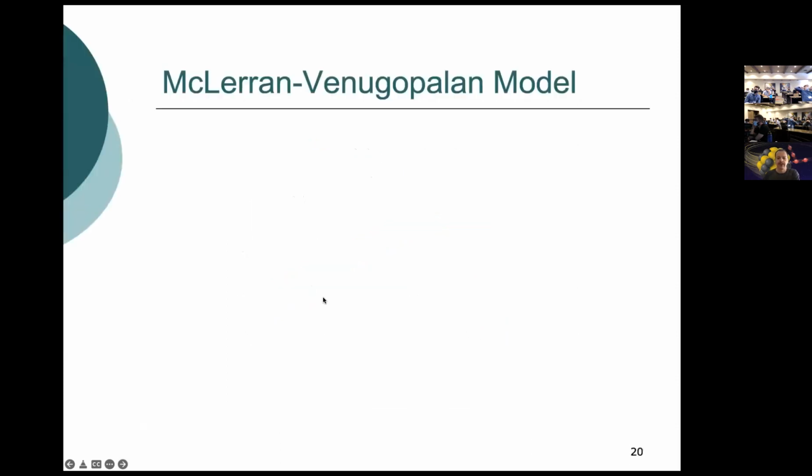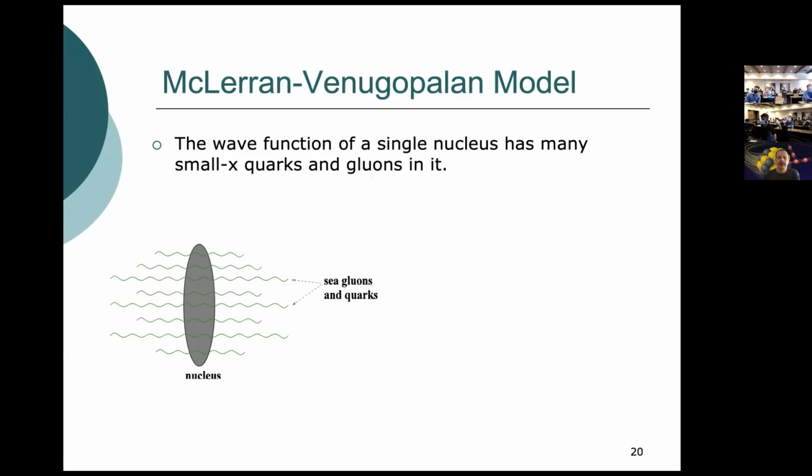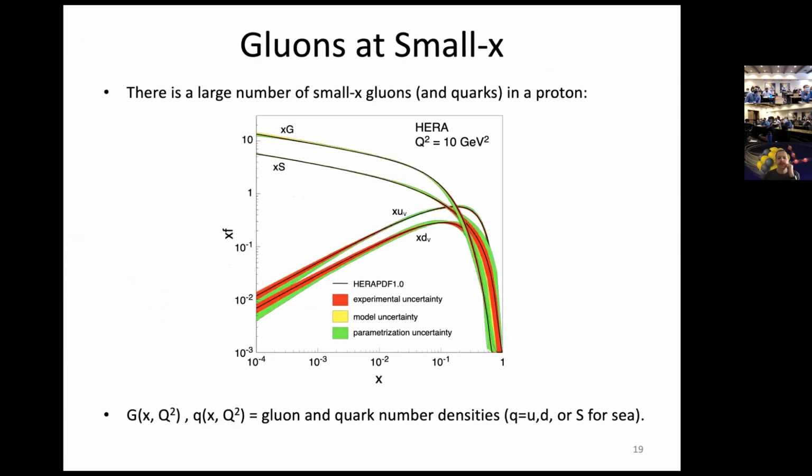Okay, so the MV model says the following: if you have all these many particles crammed into the proton, if you go back to this slide, you say, oh, we have quite a large number of gluons in the proton. How do we picture it? The proton, yeah, there is something called diffusion, but let's forget about it. Roughly, the proton radius remains on the order of a Fermi.